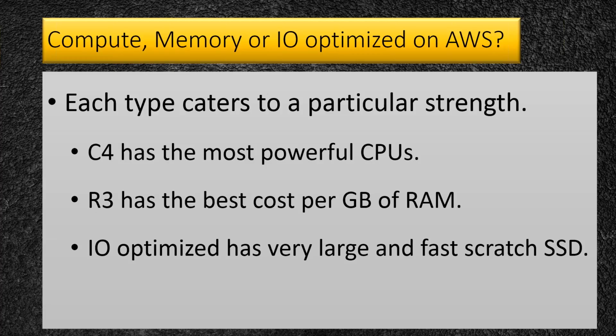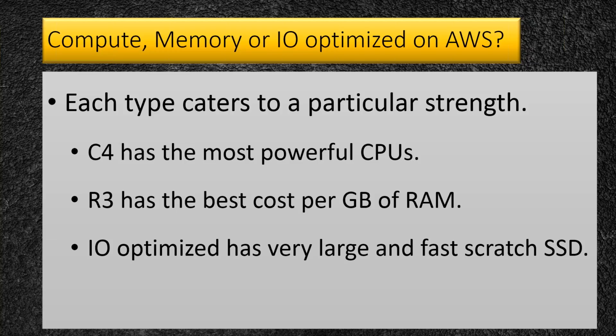So like I said, the biggest choice in my opinion is a decision between: do you want to compute optimize, do you want to memory optimize, or do you want to I/O optimize, right? Each one caters to a particular strength, and that's where you have to be familiar with your workload.